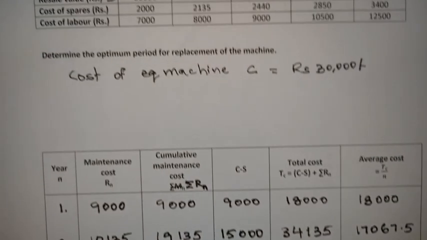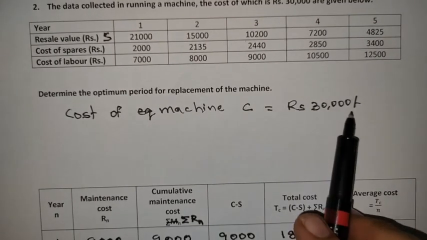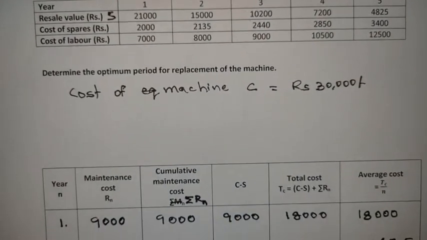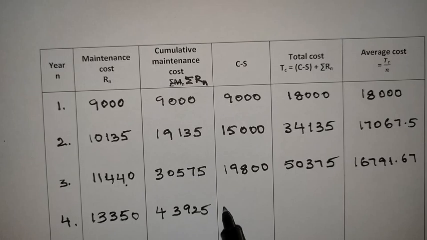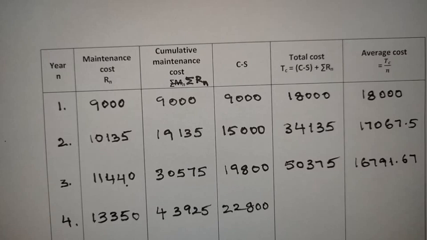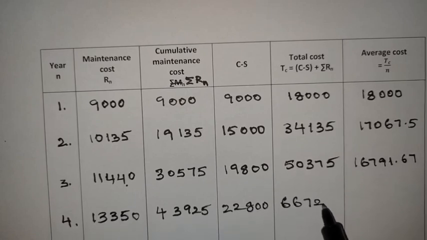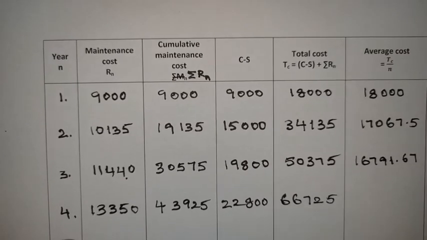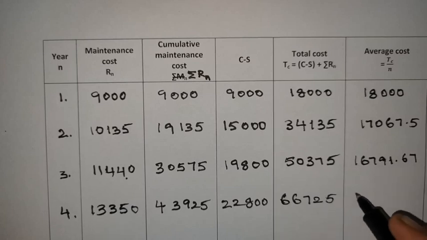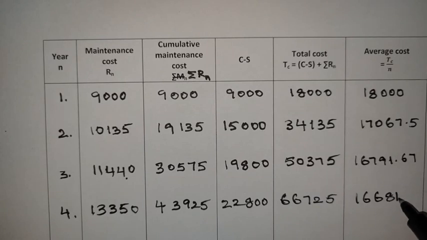Then C minus S is 30,000 minus 7,200. Then you will get 22,800. Then calculate the total cost. We will get 66,725 rupees. Calculate the average cost, divided by n. N value is 4. So we will get 16,681.25.